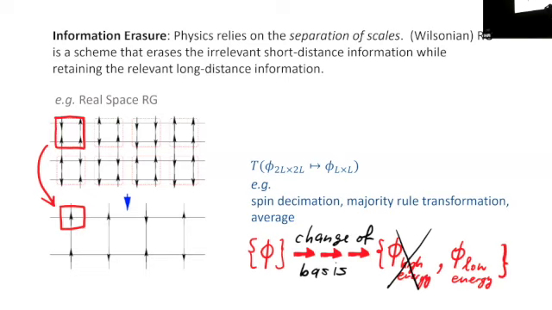But in essence, what we're doing, starting with the finer grid, is that we split our degrees of freedom into the high energy degrees of freedom and the low energy degrees of freedom, and then we retain the low energy degrees of freedom and put them on the coarser lattice, and then we throw out the high energy degrees of freedom. Okay, so that's the information erasure aspect of RG.